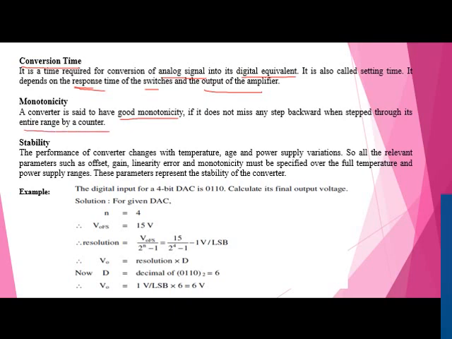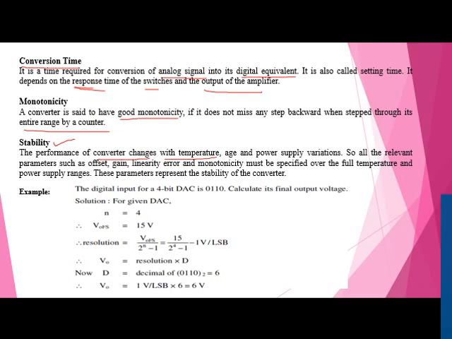Next comes the stability. The performance of the converter changes with temperature, age, or power supply variation.